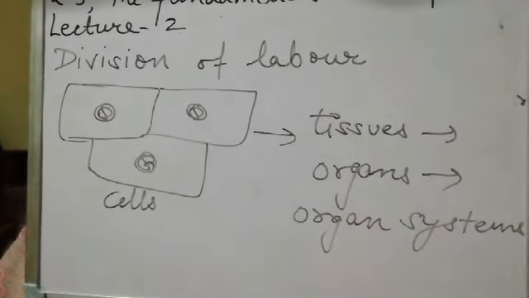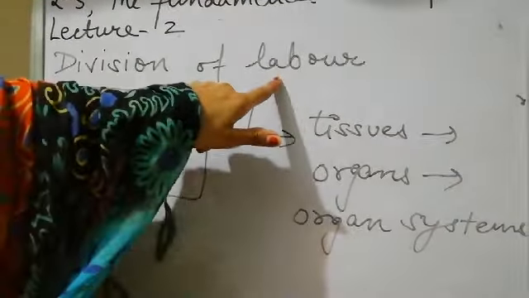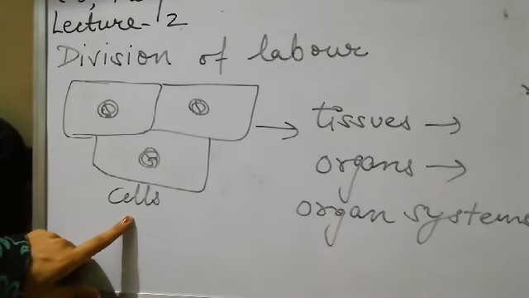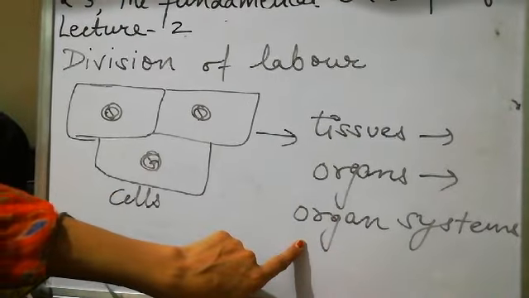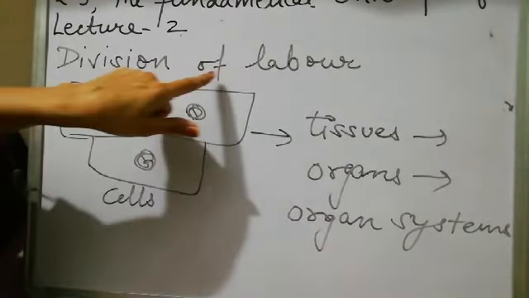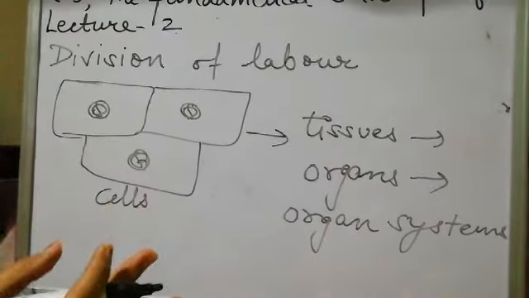So in case of multicellular organisms, labor means work is divided amongst cells or tissues or organs or organ systems. So this is all about division of labor, meaning काम का बटा होना.